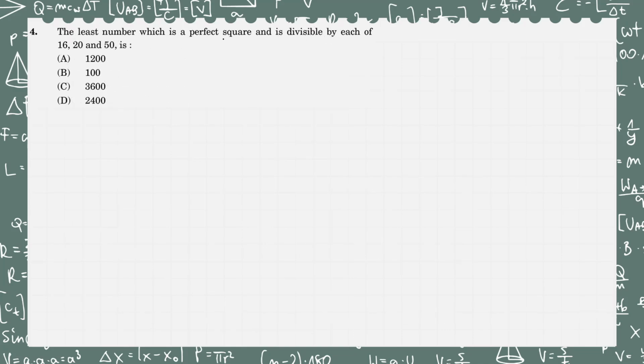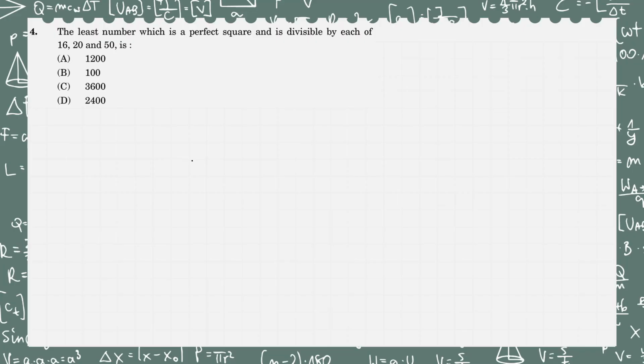The least number which is a perfect square and is divisible by each of 16, 20 and 50 is. So the process behind this is we need to find the LCM of these three numbers, because the least number which is divisible by the three numbers will be their LCM, right?